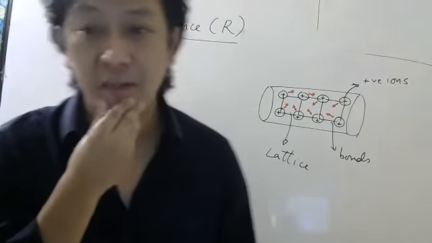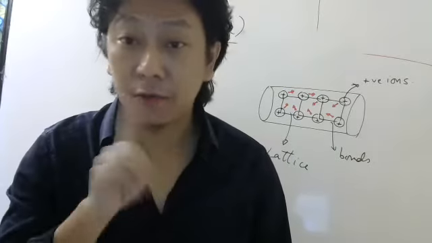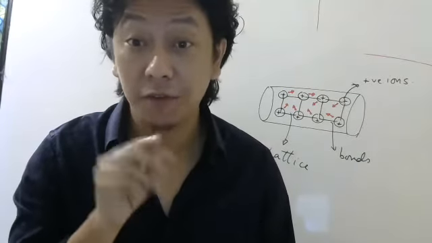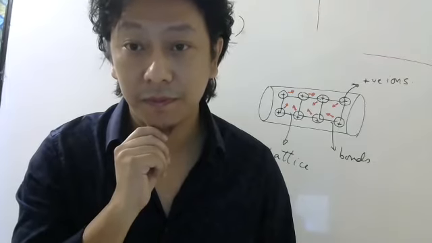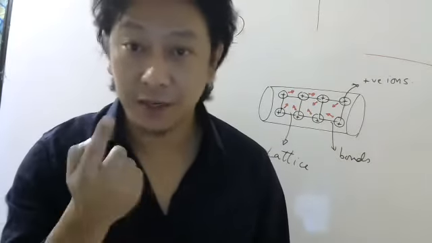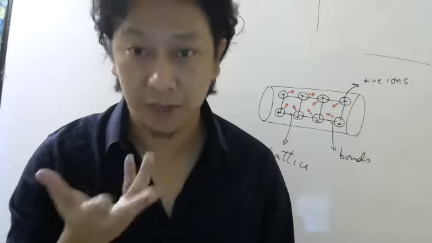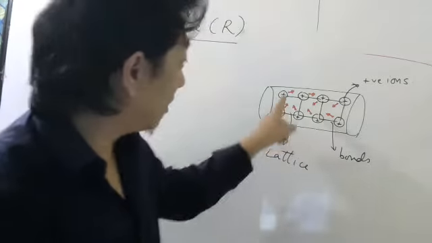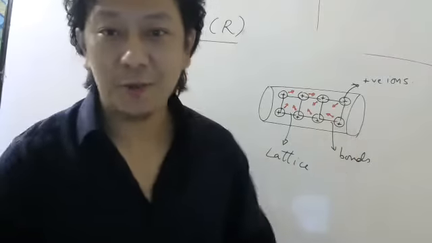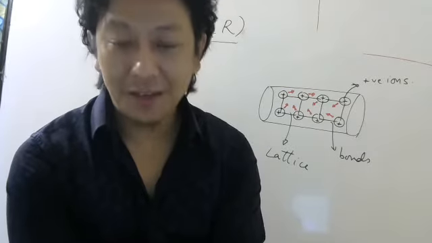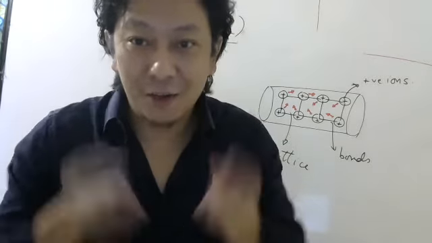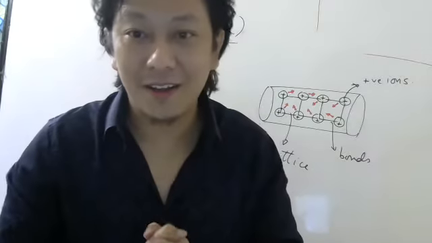Now my question is, current is the flow of charge. Electrons have negative charge, and you can see these electrons are moving, so there should be current in this wire. But when you buy a wire, do you get current already in the wire?